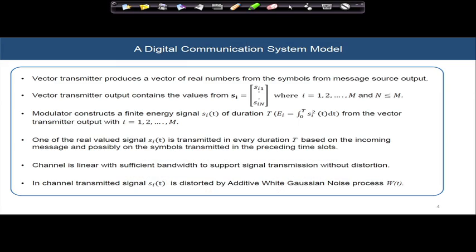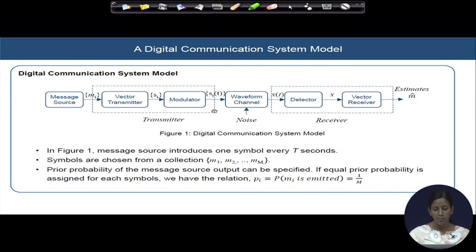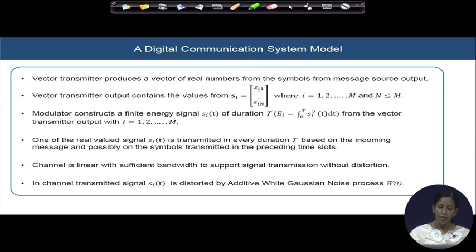It generates the signal Si(t) at the output of the vector transmitter, where Si(t) is a combination of multiple of these vectors, drawn from this Si.